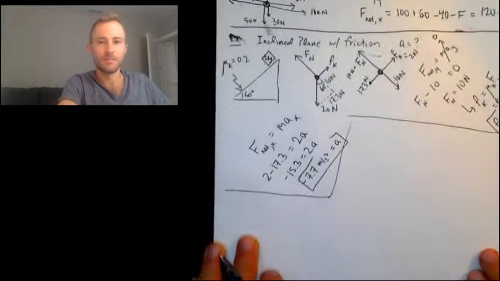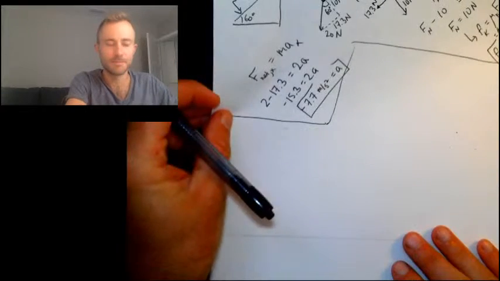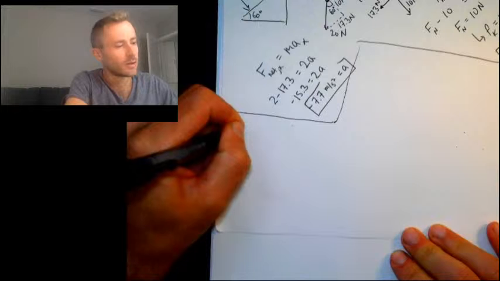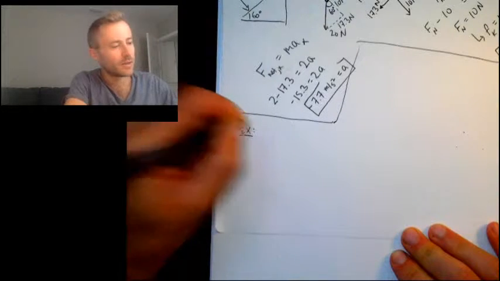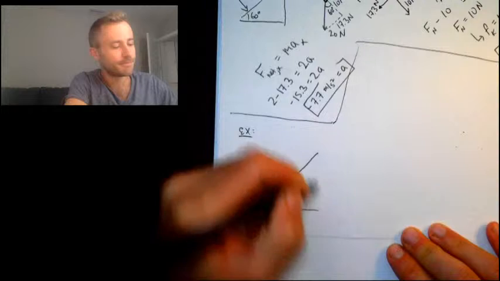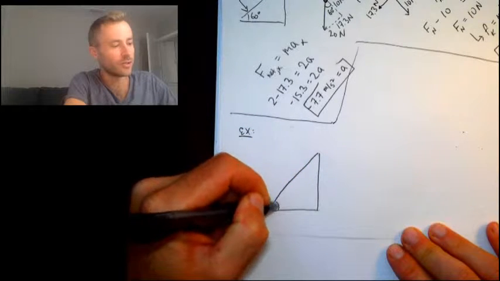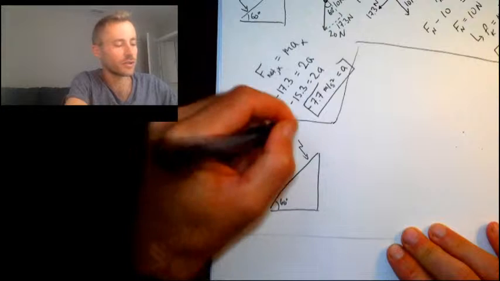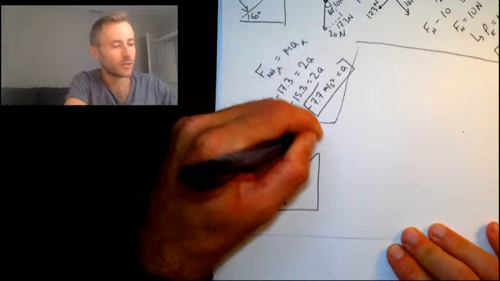We're going to do another example that's very closely related to this first example. What if we have the same block on the same incline, still 60 degrees, and the coefficient of kinetic friction is still 0.2.